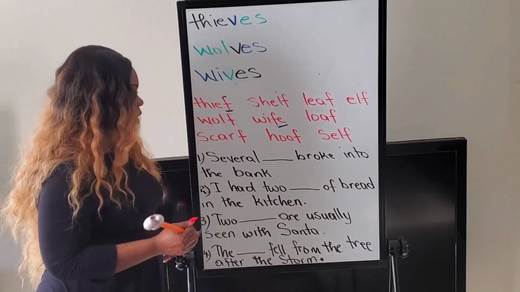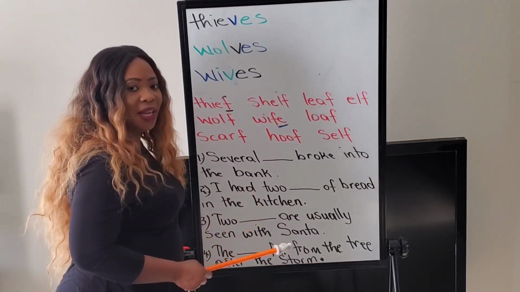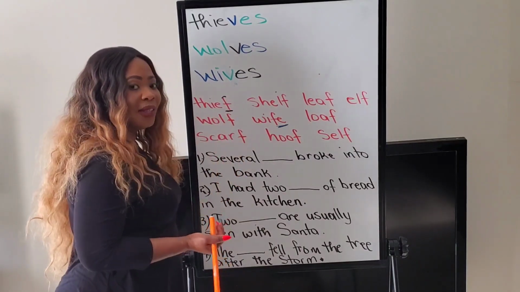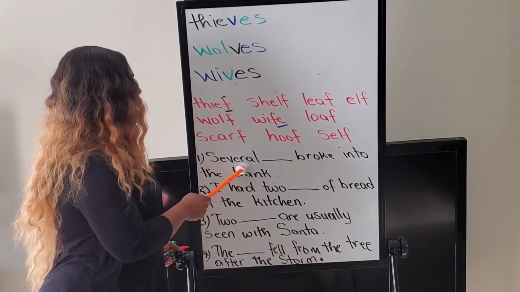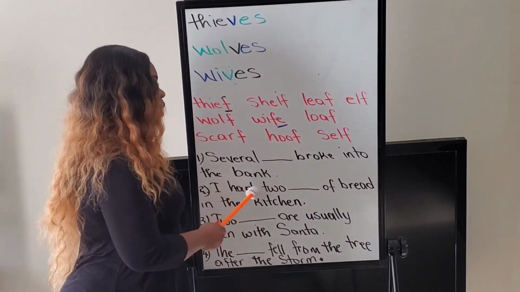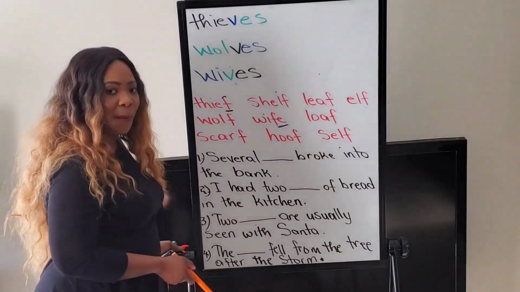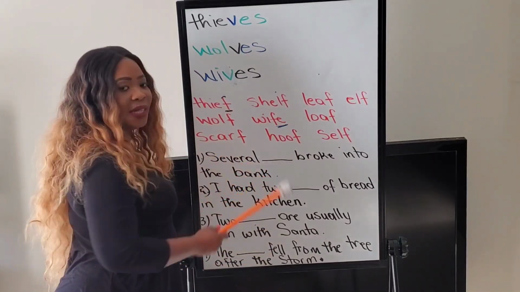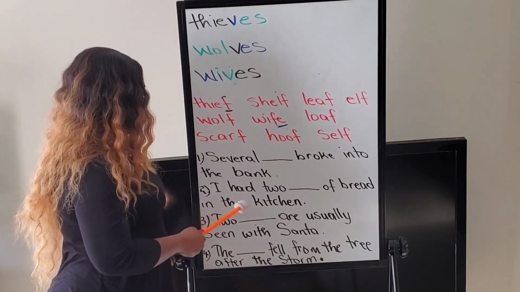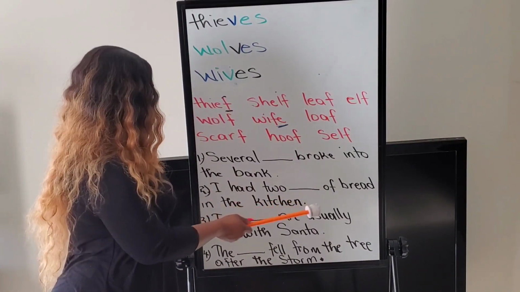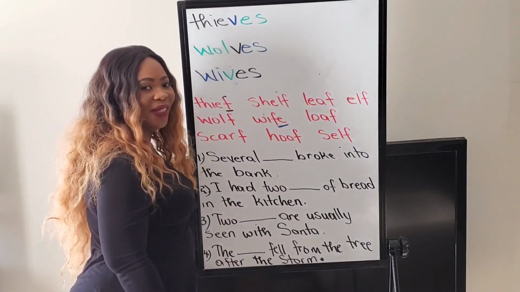Now here are 4 sentences for you to pluralize one of these words and put on each sentence. So you'll pluralize the answer that matches to complete each sentence, okay? Several dash broke into the bank. So which of these would you put on the line? Remember, you must pluralize it before putting it on the line to complete the sentence, okay? Number 2, I had 2 dash of bread in the kitchen.